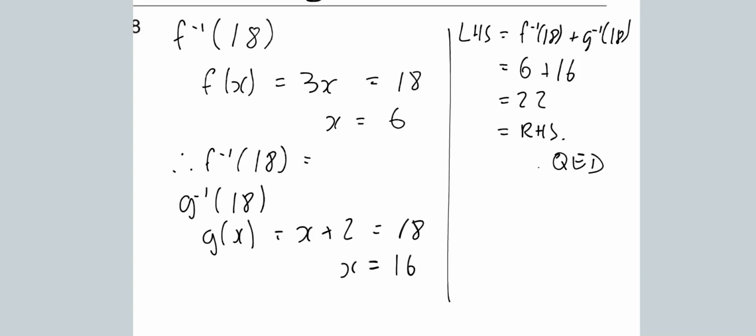But I think that's the slickest way of doing it. Basically, with any show that or prove that, you stick with one side, left or right-hand side, and manipulate that side until you get it to the other side, and then you say QED.